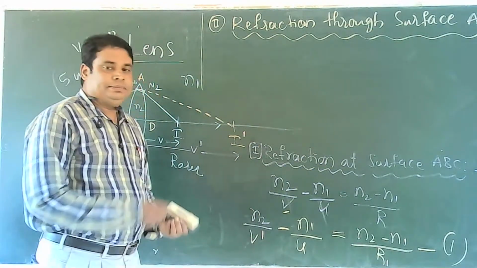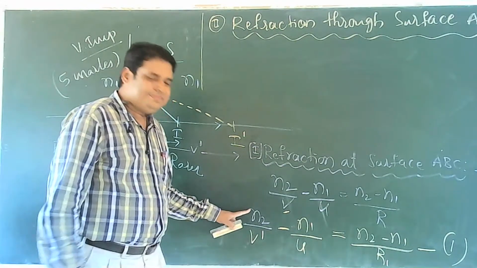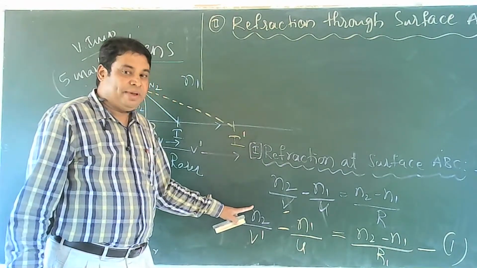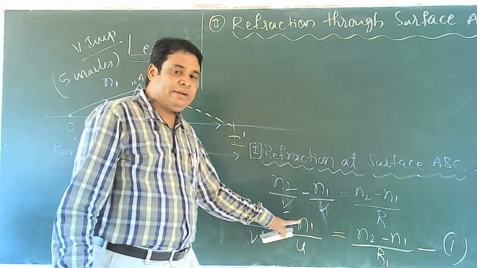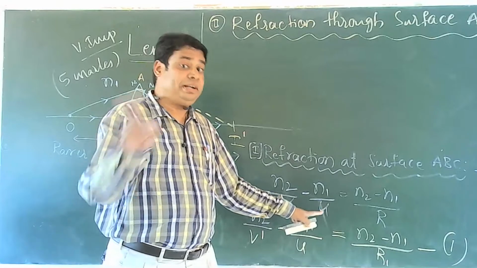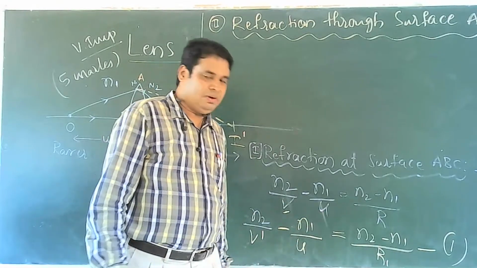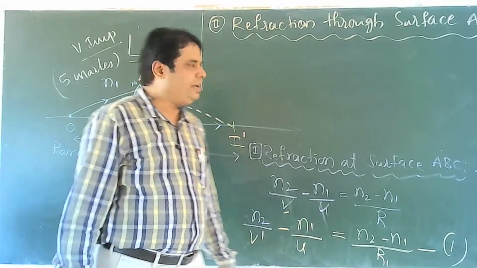See here. Okay. Refractive index of space where refracted ray present divided by image distance minus refractive index of the space where incident ray is present divided by what? Object distance.